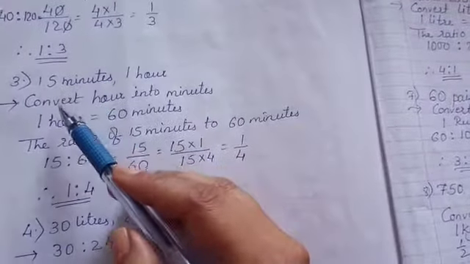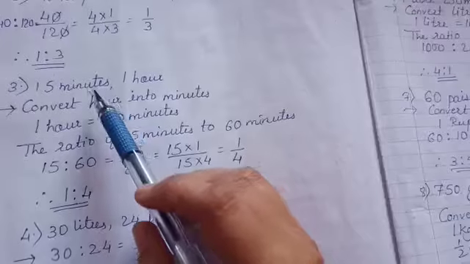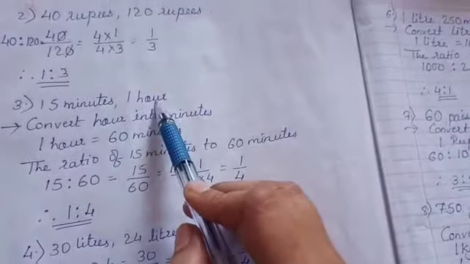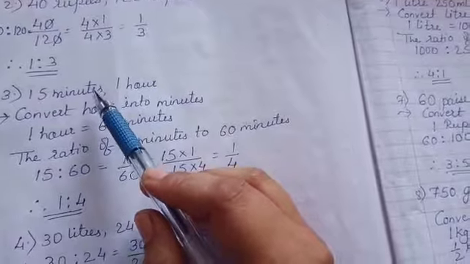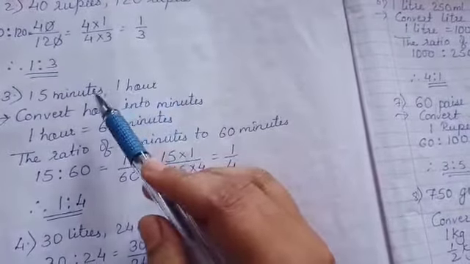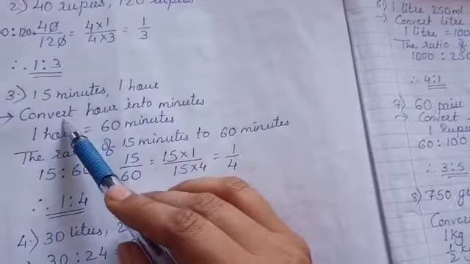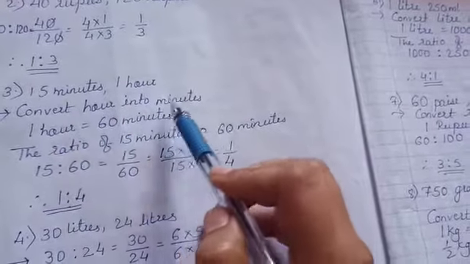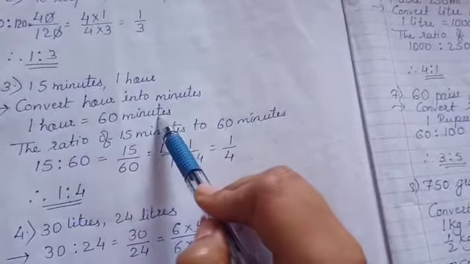The third question: 15 minutes and 1 hour. Your minute and hour are different. So first of all you will convert, either minutes into hours or hours into minutes. You have to choose. Here, convert hour into minutes. As you know, 1 hour is equal to 60 minutes.